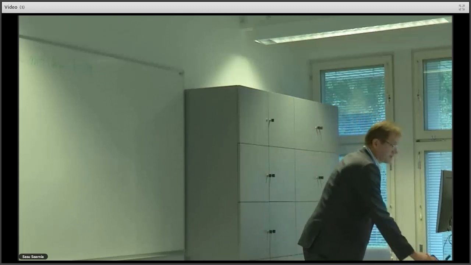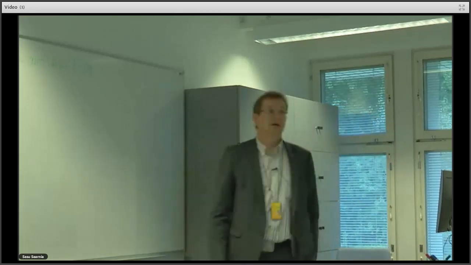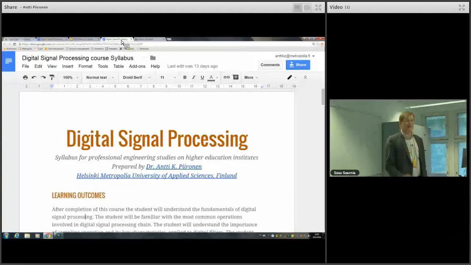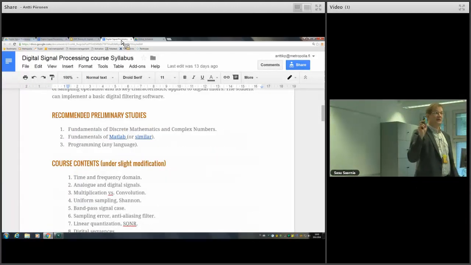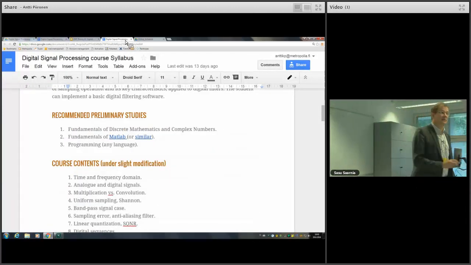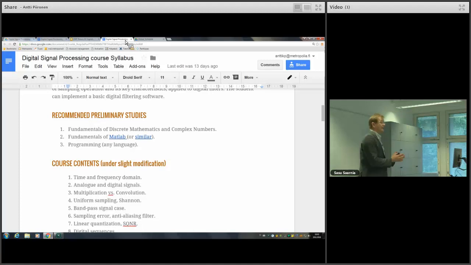Let's see if the clicker works. Digital signal processing has learning outcomes and recommended preliminary studies. Basically it would be nice if you knew the fundamentals of discrete mathematics and complex numbers, fundamentals of MATLAB or similar, and similar here means Octave.